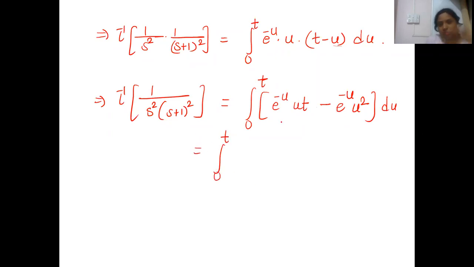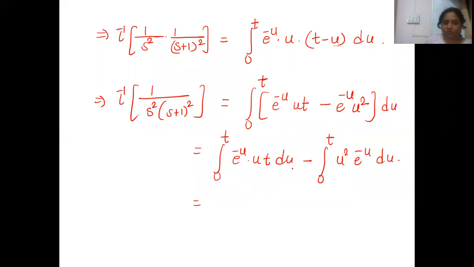Integration 0 to t e raised to minus u t du minus integration 0 to t u square e raised to minus u du. As the integration is with respect to u, t is constant, so t will come out.